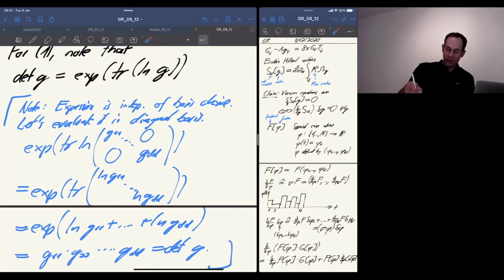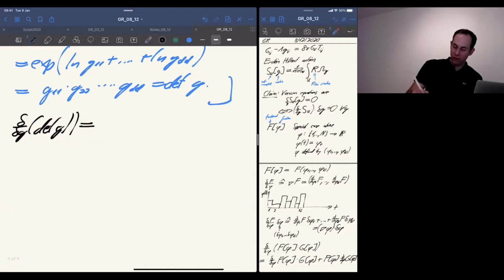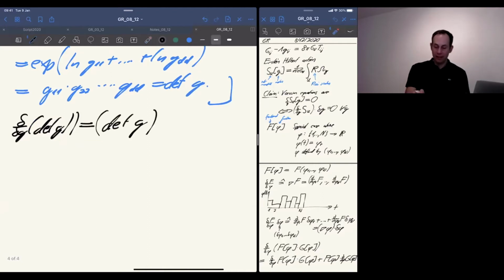So the outer derivative is just this expression. So the first term here will just be det G, that just remains. That's from the outermost derivative.